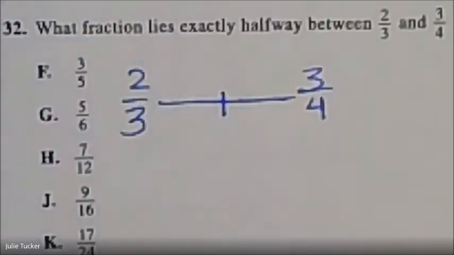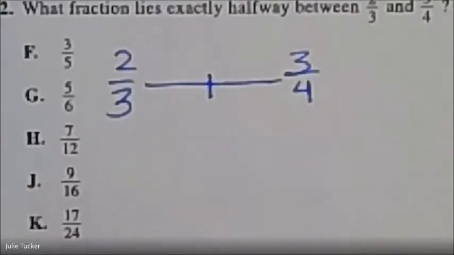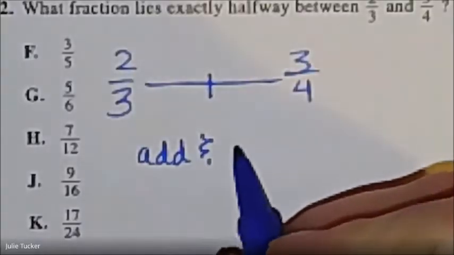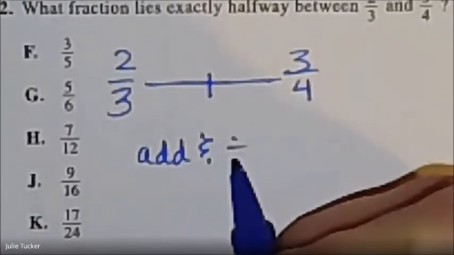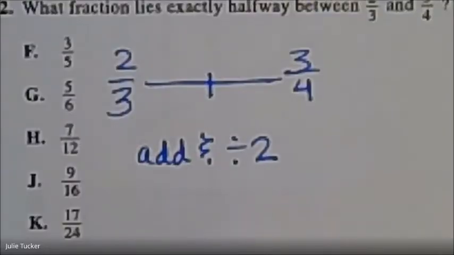You add and divide by 2. You average. Just like when we do a midpoint and we stack, add, divide by 2. All right, I'm going to open Desmos so we can add it.